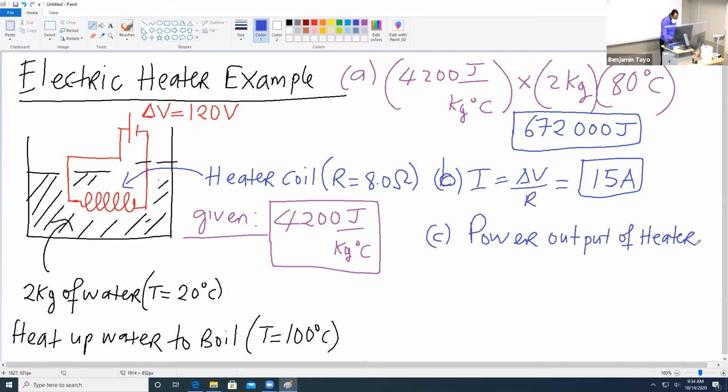The power output of the heater is given by P equals I squared times R. So if you take 15 and raise it to the power of 2, and then multiply that by the resistance, which is 8, this will give you joules per second.